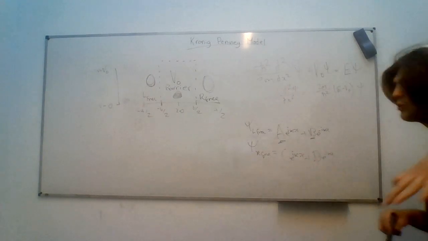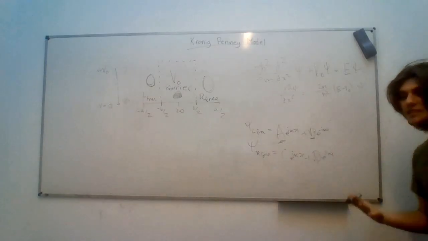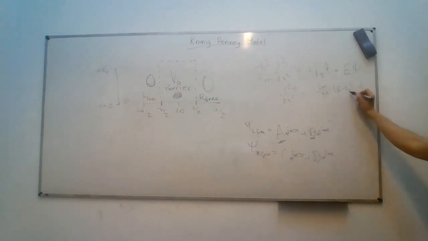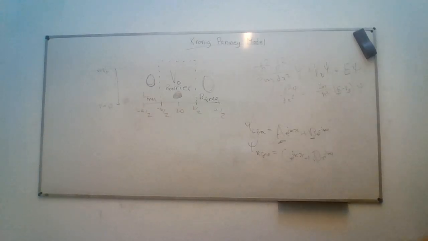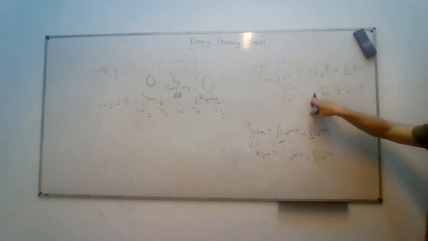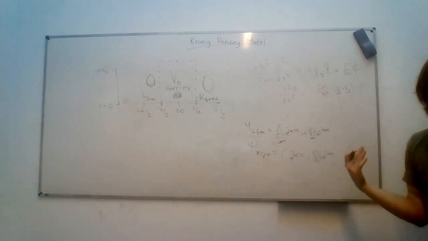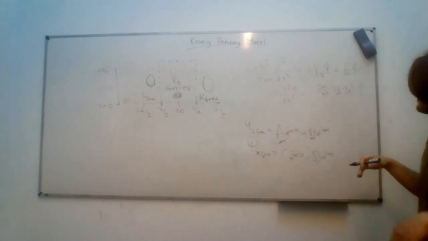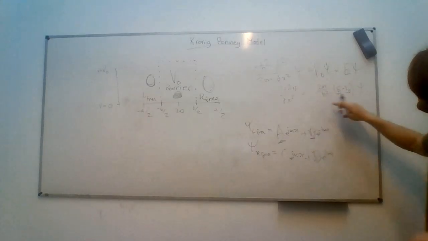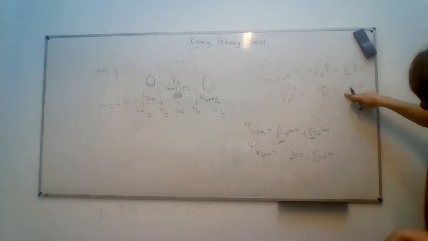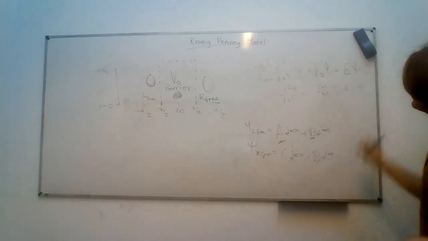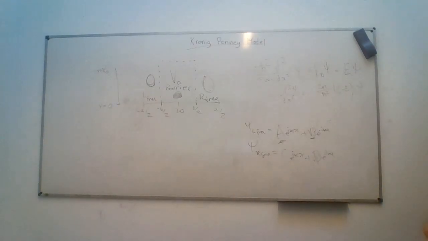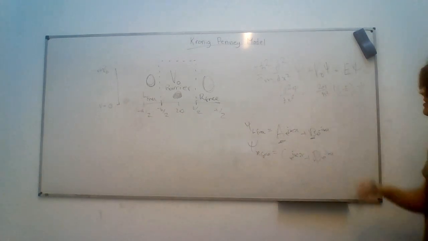Now, for the sake of simplicity, we're going to say that V naught is larger than E, and so this expression is negative, and so actually the whole thing is positive. So we can write this instead as so, V naught minus E, where this expression is positive.